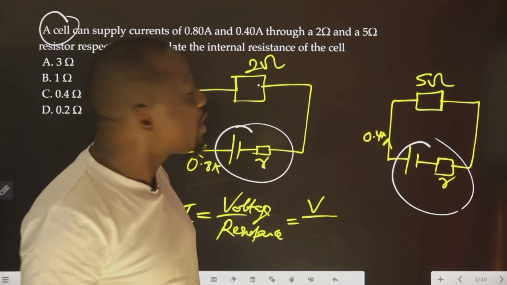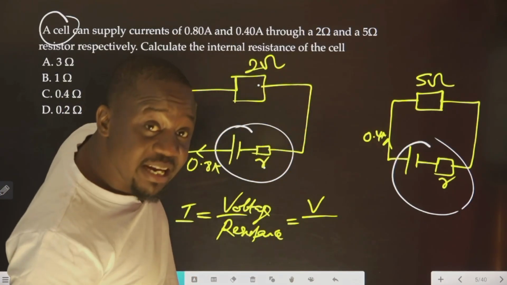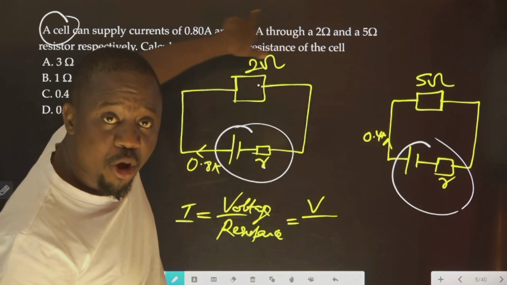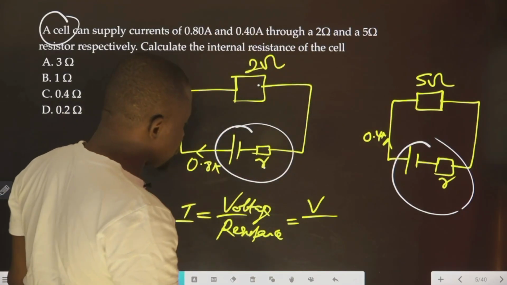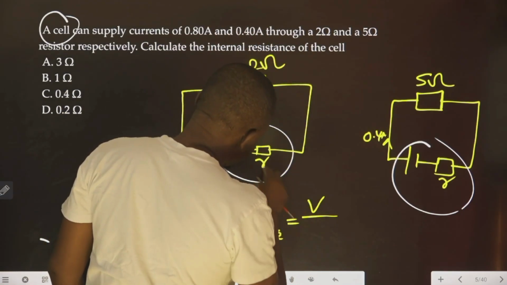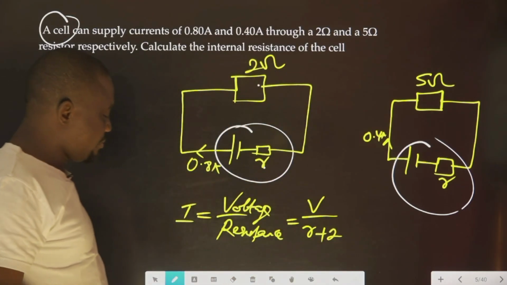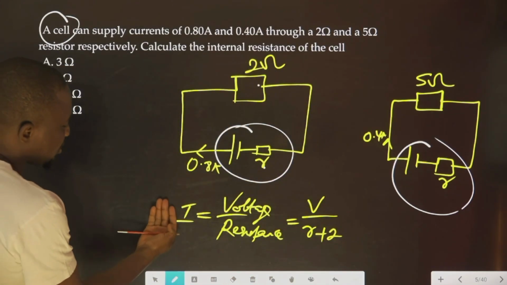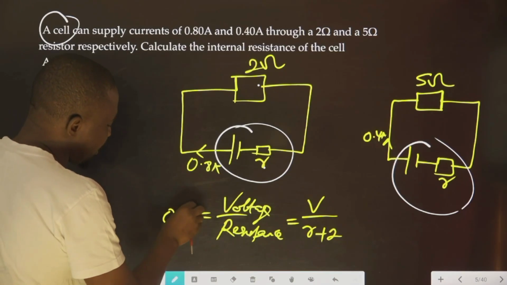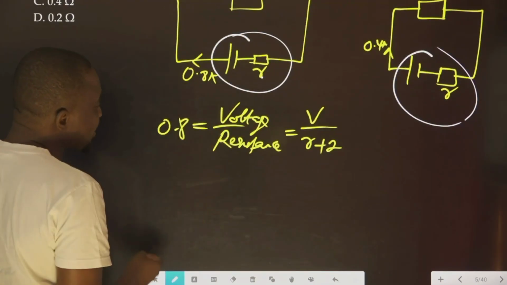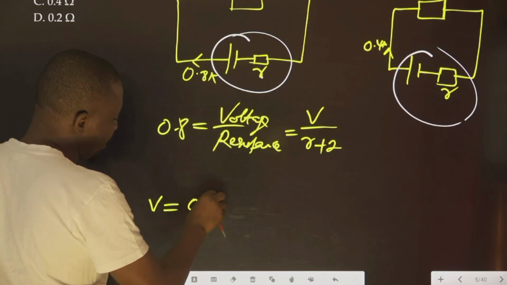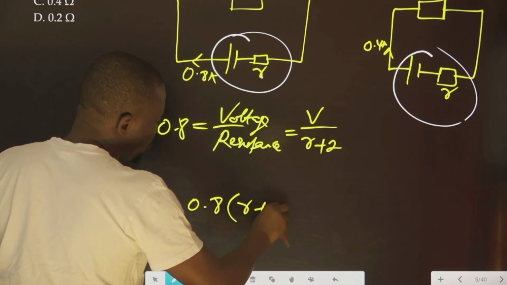Why are you adding them? Because they are in series. Series connection. Flow loop. So it's this R plus 2. We add them together. This current is what? The current is 0.8. So therefore, it means here now V is equal to 0.8 multiplied by R plus 2.